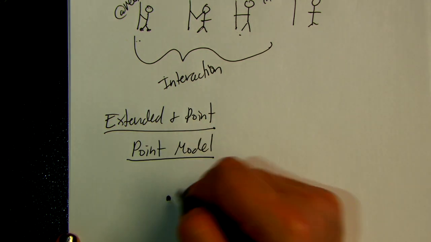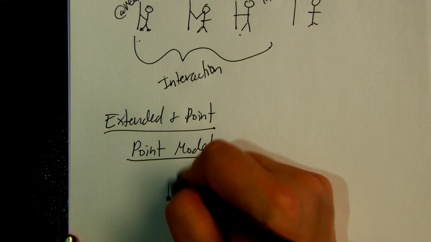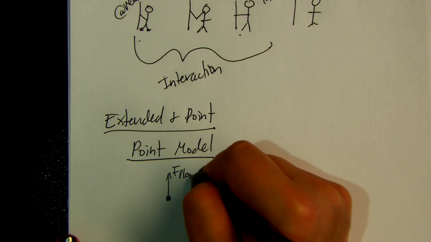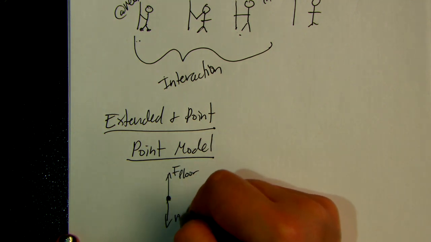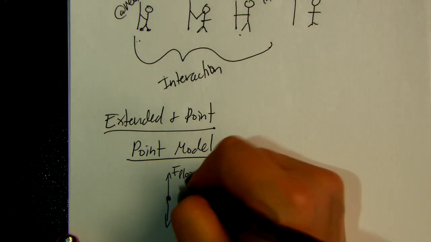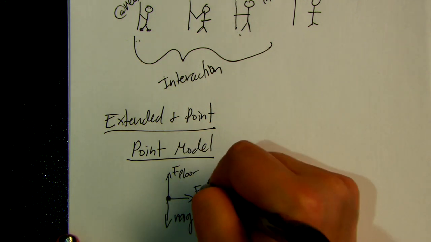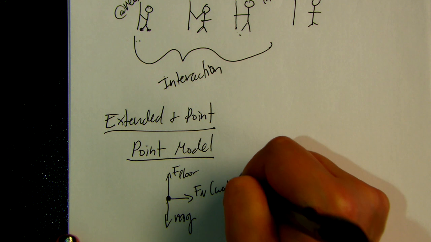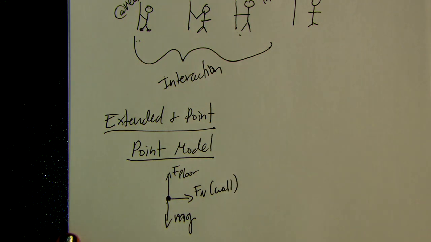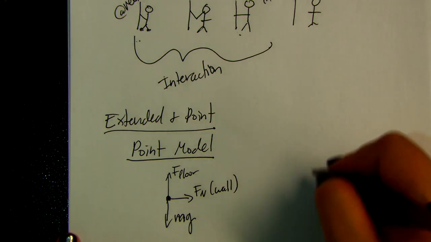So we'll draw our diagram. We've got the force from the floor, the force mg, the normal force from the wall. There they are, all acting on her center of mass.